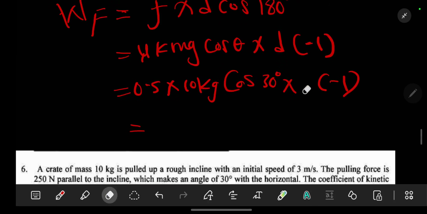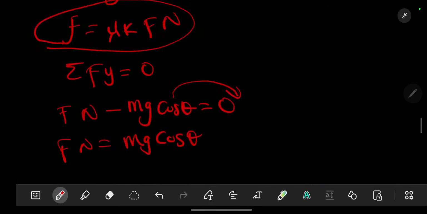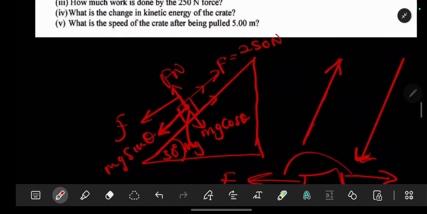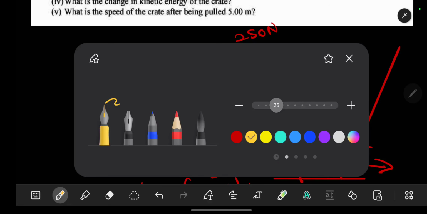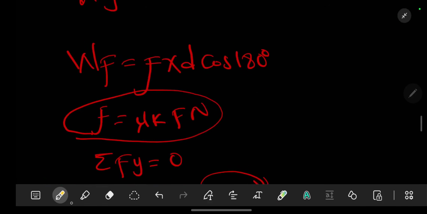The friction was acting throughout the whole motion, so it moved this whole distance. Therefore, that's its distance, so we don't overlook that.